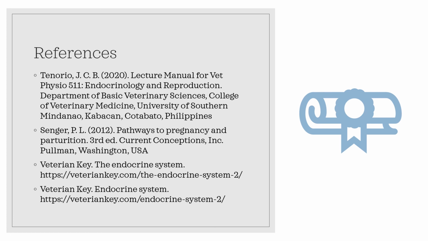For the first part of this course, we will use the reference by Dr. Clyde Tenorio, the lecture manual for Veterinary Physiology 511, and we are also going to use the book of Singer, 2012, The Pathways to Pregnancy and Parturition. You can also use the Veterinary Key website, particularly the topics on the endocrine system.